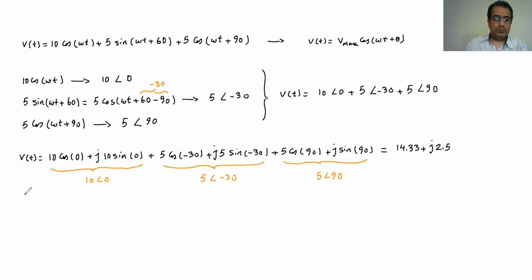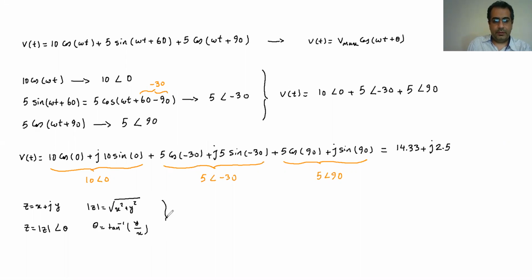Again, if I just write it here, I know that if I have z as x plus jy, then z can be written as a magnitude of z with angle of theta, and the magnitude of z is the square root of x squared plus y squared, and theta is tangent inverse of y over x.